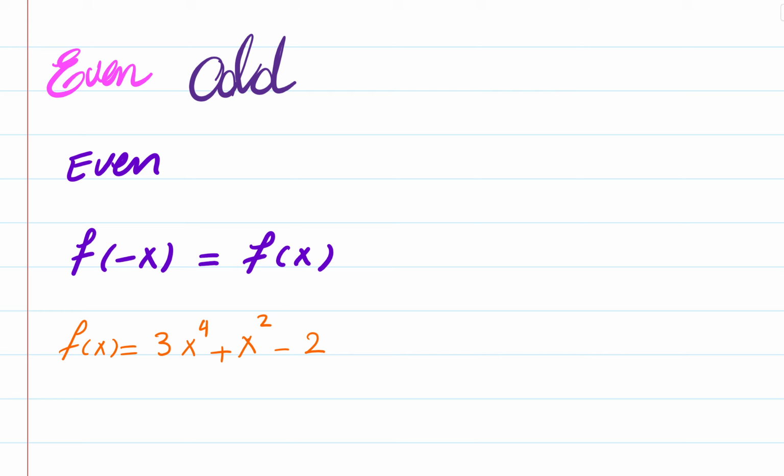Okay, we replace x by negative x, so we have 3 times negative x to the power 4 plus negative x squared minus 2.